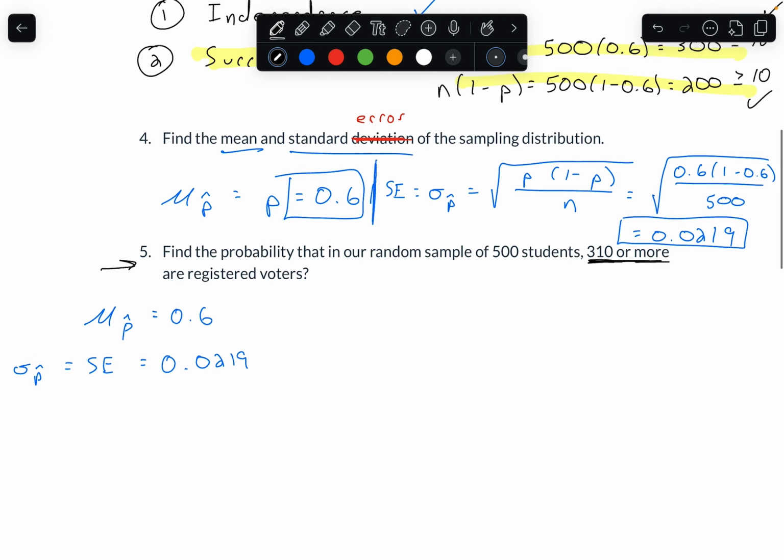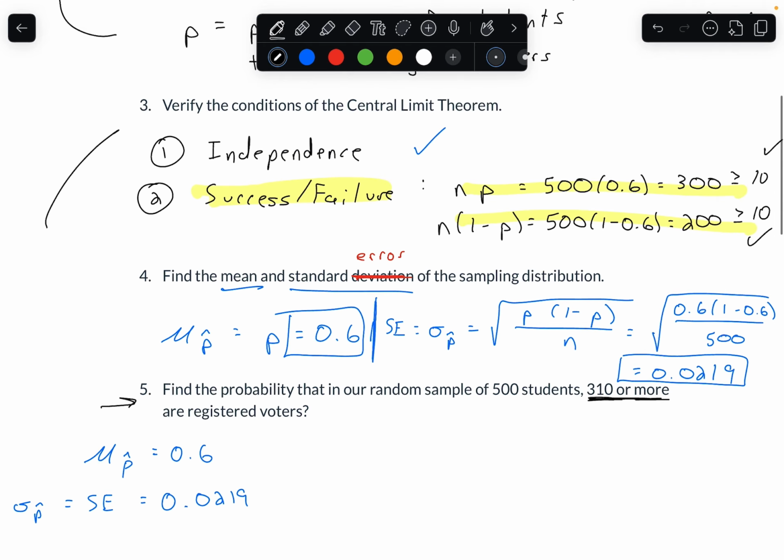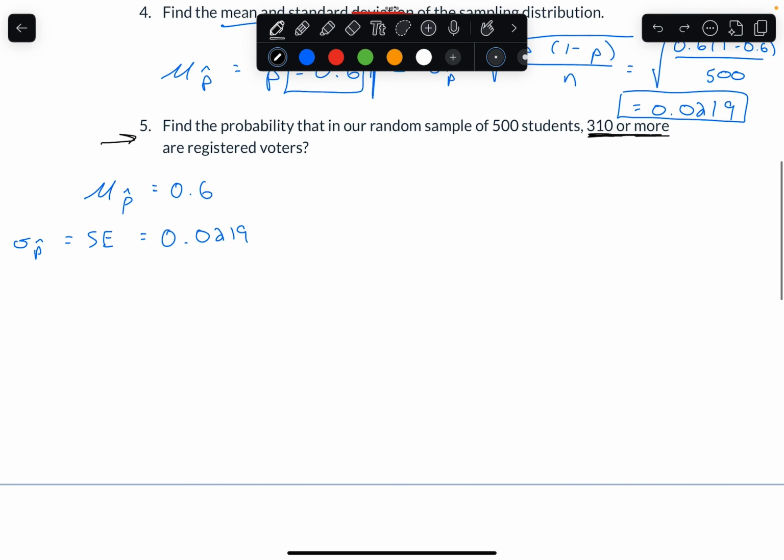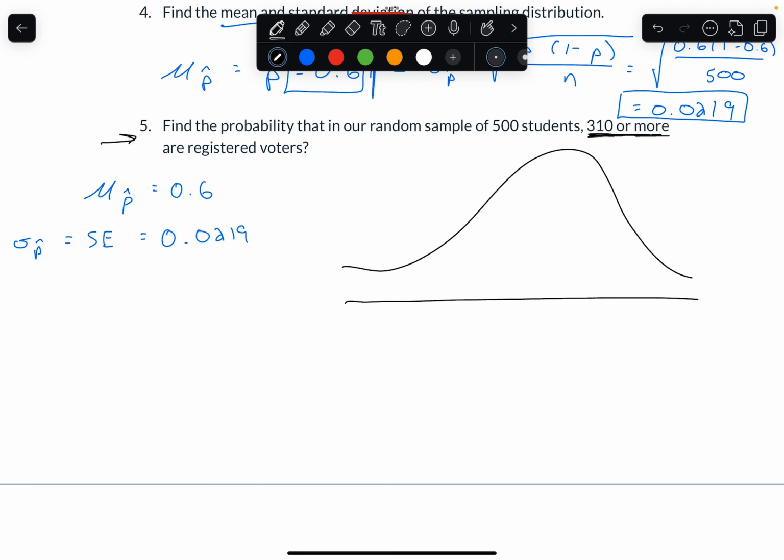We said that we did meet the conditions of the central limit theorem in number 3, which means that when we look at the distribution with this mean and this standard error, we get something which is normally distributed. So that means that we get to assume that we're working with a normal distribution, which is really nice because we know a whole lot about normal distributions from our last chapter. We know that the mean is 0.6, so we have 0.6 right here in the middle.